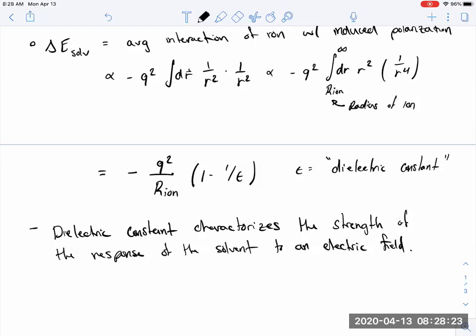And you can imagine that this dielectric constant is related to that microscopic polarizability we introduced when we introduced this kind of simplified model of a polar solvent.